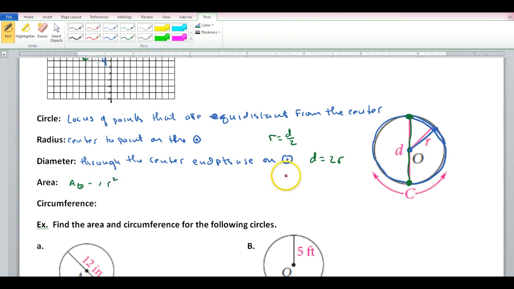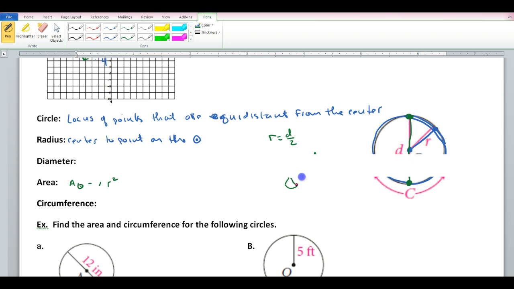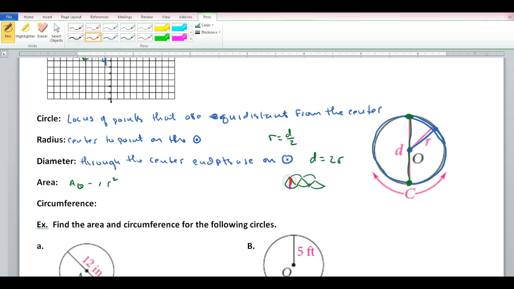It's built off of this: if you cut the circle in pieces and lay them out like this, what happens is the shape mocks what we call a parallelogram, where the height is the radius and the base would actually be half the circumference of the circle.